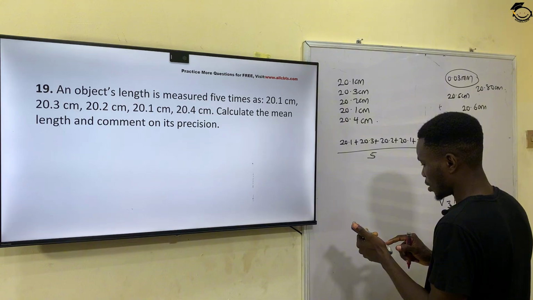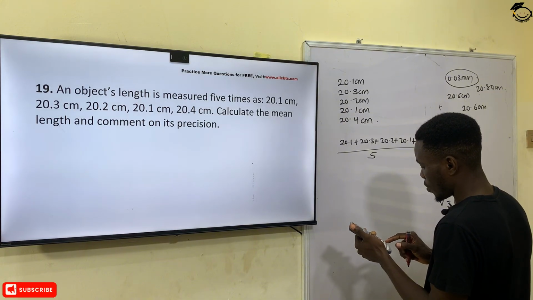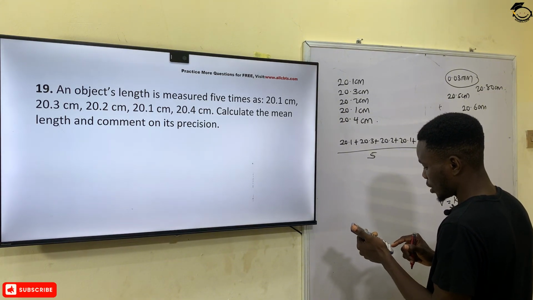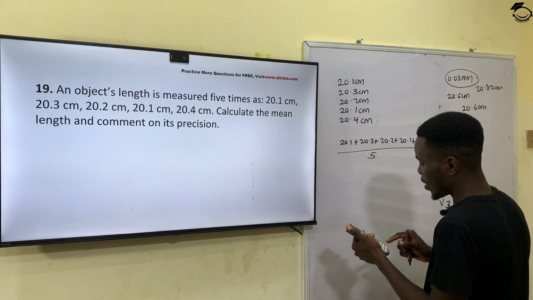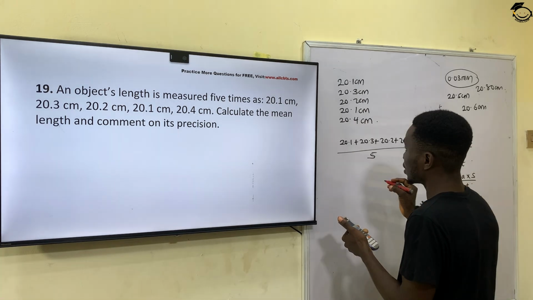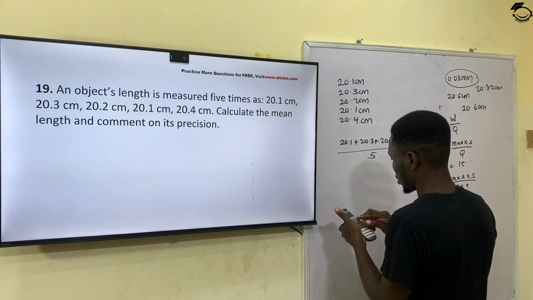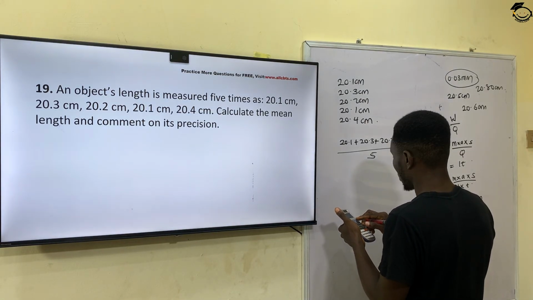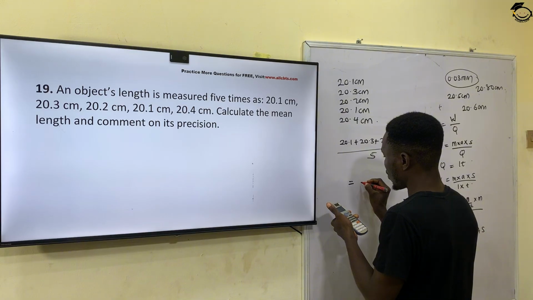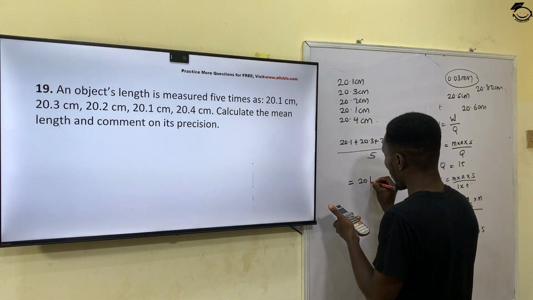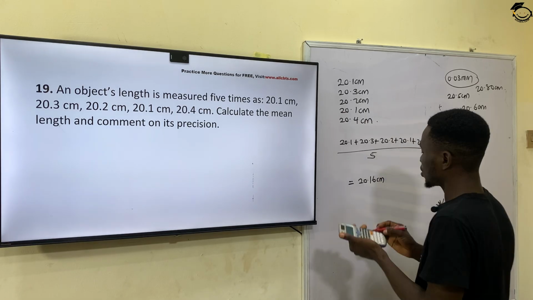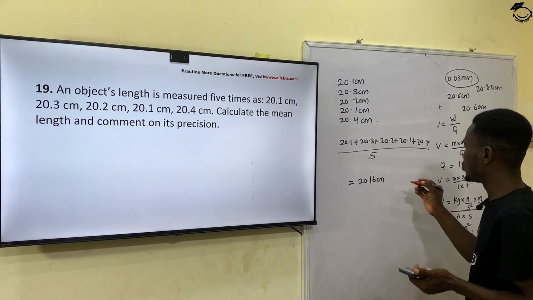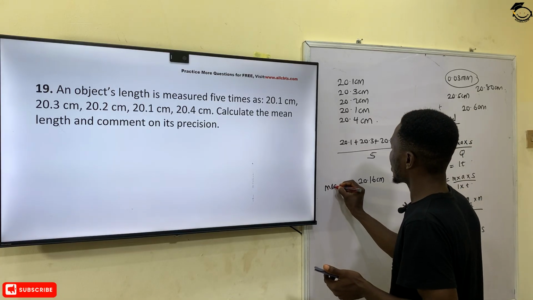If I divide by 5, I'm going to get 20.16 centimeters. So this is the mean. So my mean is 20.16 centimeters.